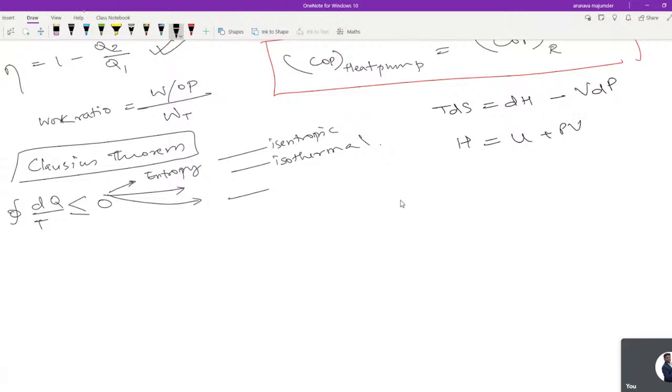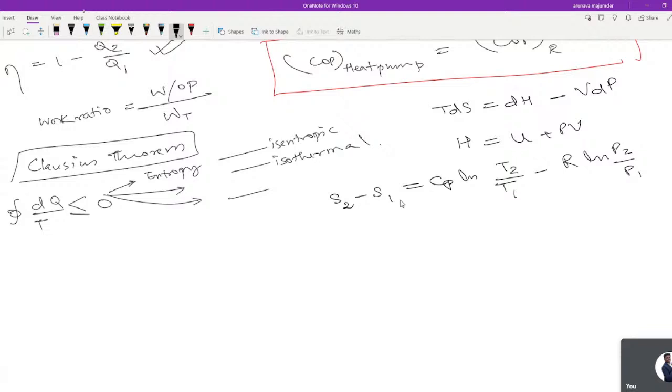Now another one is the change in entropy: S2 minus S1 equals Cp ln(T2/T1) minus R ln(P2/P1). You might expect some numericals using this formula itself, maybe 1 mark or 2 marks, and you should know how Cp and Cv are related to one another.